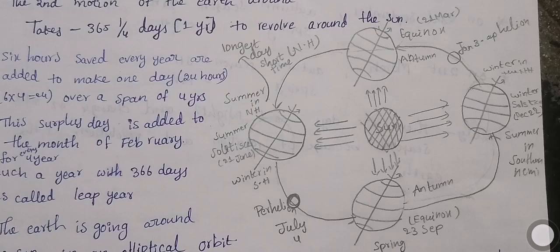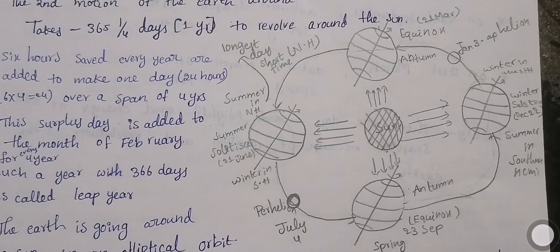Here the earth is tilted. That's why the northern hemisphere is in the direction of the sun, towards the sun, and the southern hemisphere is away from the sun. That's why there is summer in the northern hemisphere and winter in the southern hemisphere.